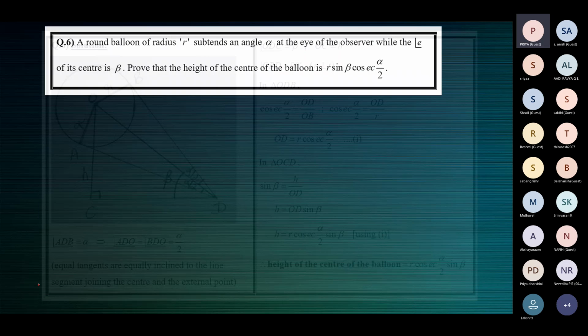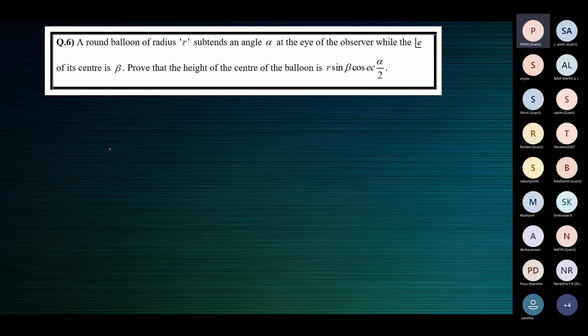Okay, so that's a theorem in the chapter circles. From an external point you can draw only two tangents to the circle. Is this understood? Yes, ma'am.